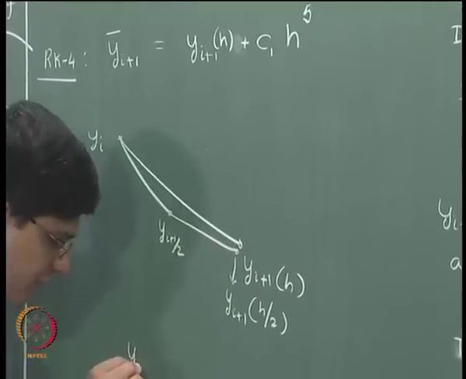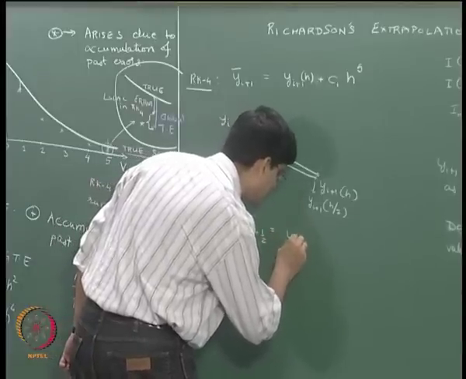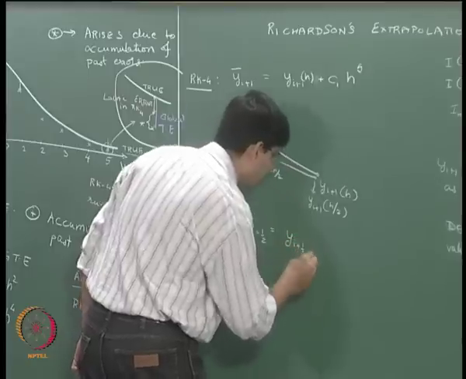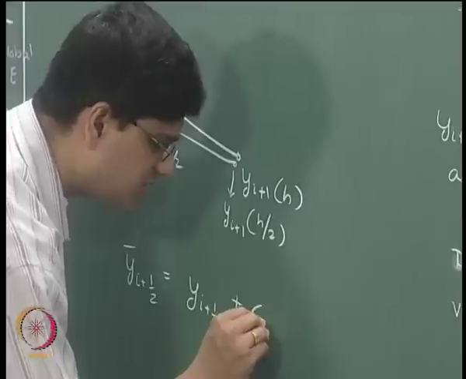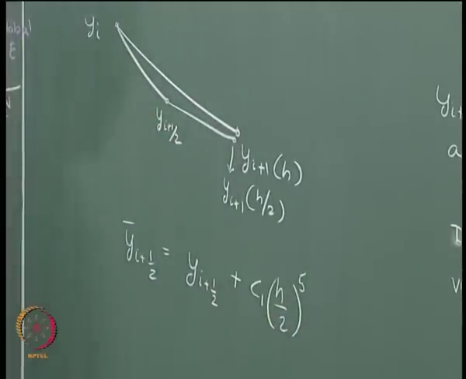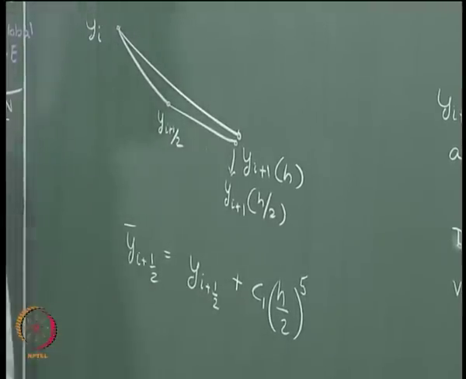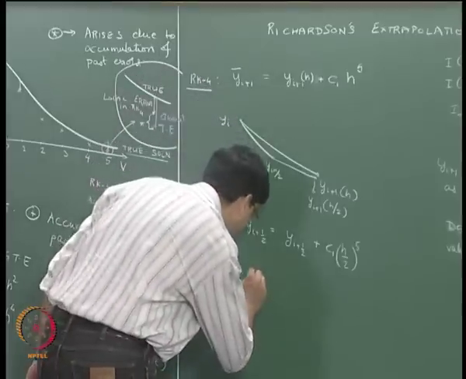So we have yi plus half bar equal to yi plus half plus C1 times h by 2 to the power 5. This is going to be our true value of yi plus half.